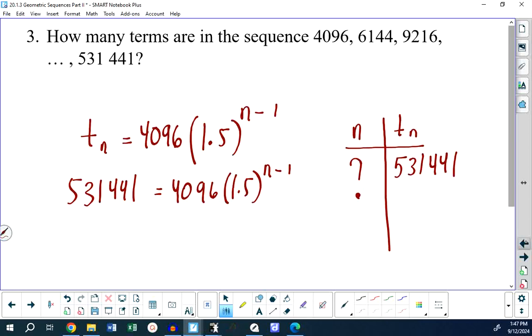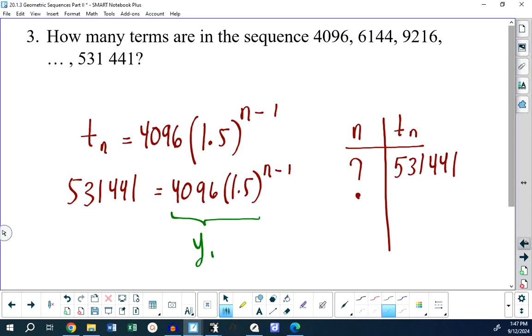I do. I could solve it algebraically. But you don't. So you're going to put in this expression for y1, and you're going to go table hopping. You're going to find out in the table where you get a term of 531,441. And wherever that is, that's how many terms there are.